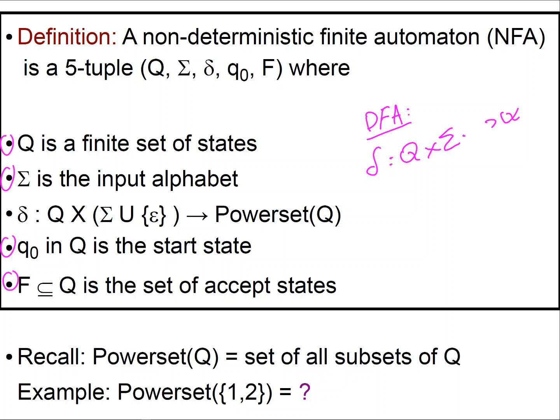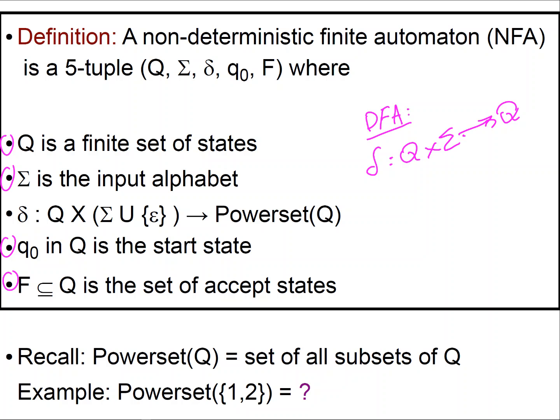Now there are two main differences. The first one is that we also allow to read, in some sense, an epsilon transition. So we don't just have sigma here, but we allow for epsilon as well, to take into account epsilon transitions. The more substantial difference is that it's not just going to output a state, but a subset of states.